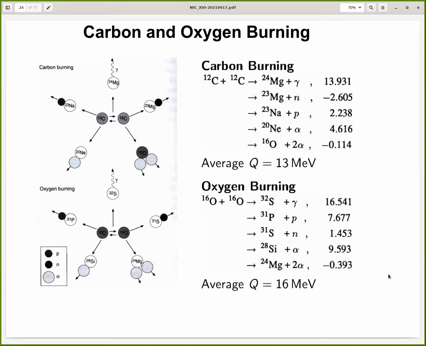And we have, again, the same relation: the first step of the reaction, where you de-excite your nucleus by emission of particles, only releases some fraction of the energy, but then these particles can make secondary reactions that in total release a significant amount of energy. And again, we have 16 plus 16, 32 mass units going in and 16 MeV coming out. So again, we have about half an MeV per nucleon, similar to the carbon burning, for our oxygen burning.